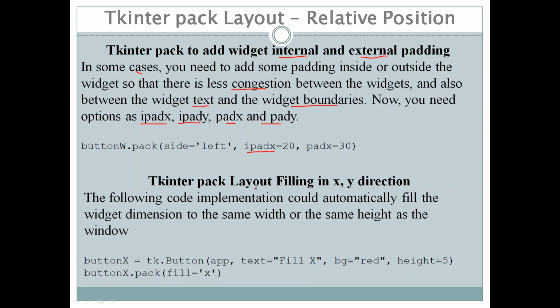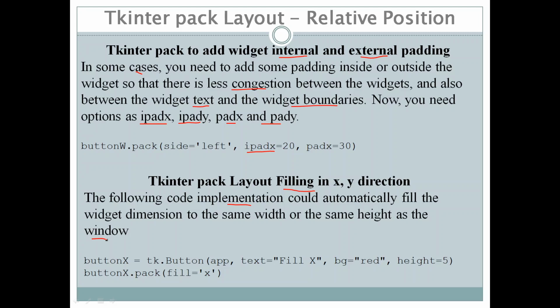Even Tkinter pack layout can fill in the x and y direction. You can fill the widget vertically or horizontally by using the fill parameter. Now the following code implementation could automatically fill the widget dimension to the same width or the same height as the window.